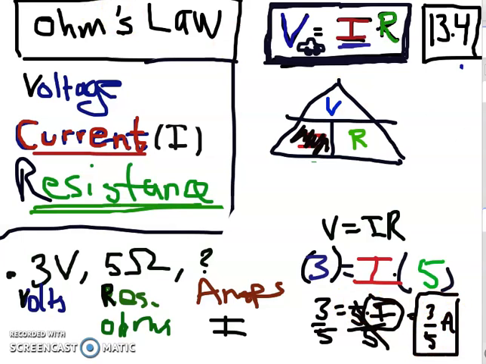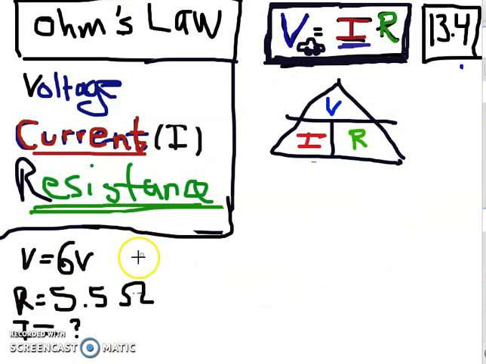So I'm going to go through another example, but I'm just showing you there's either algebra involved or use the triangle. Here's another almost identical example, where it says the voltage is 6 volts, kind of redundant, but this is not an equation. This is saying V is 6 and the units is volts. Resistance is 5.5 ohms.